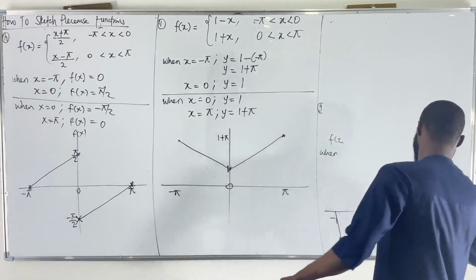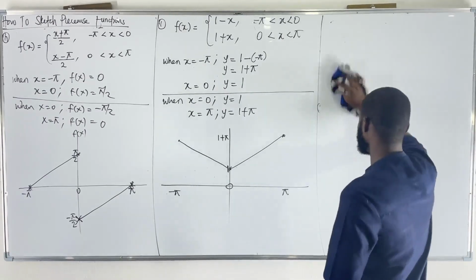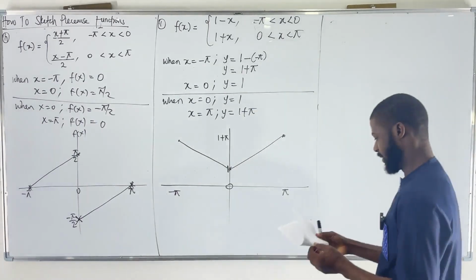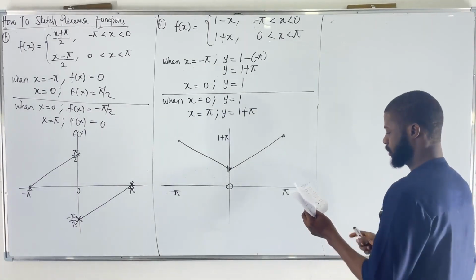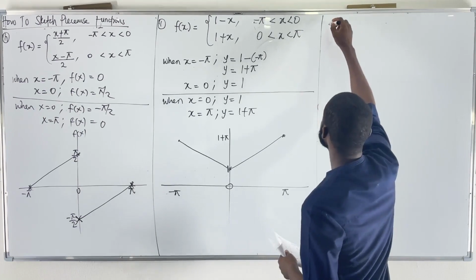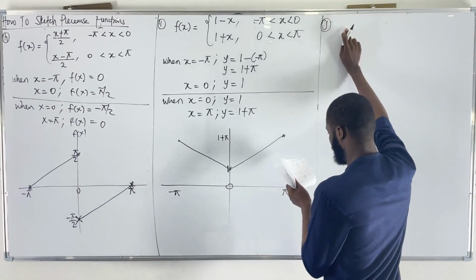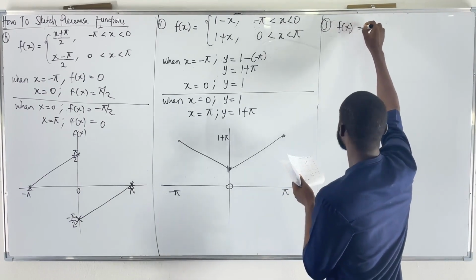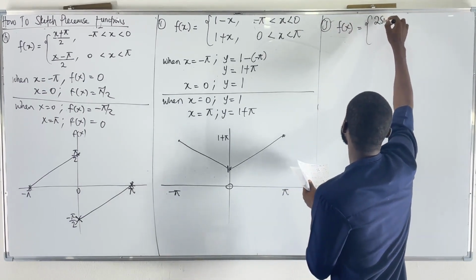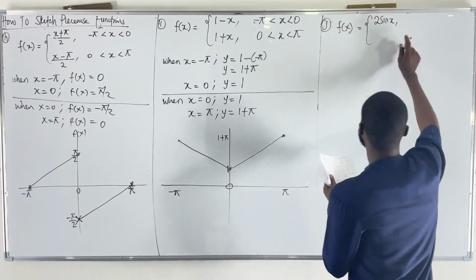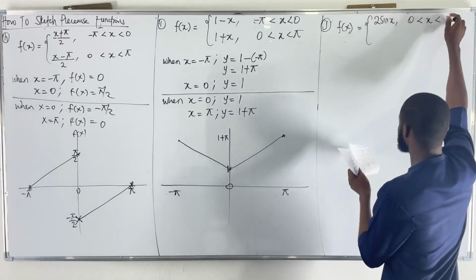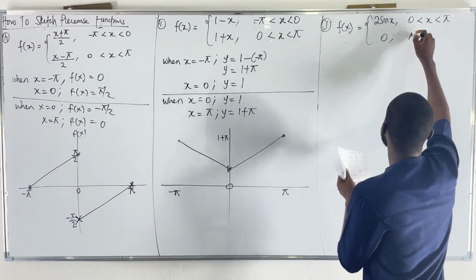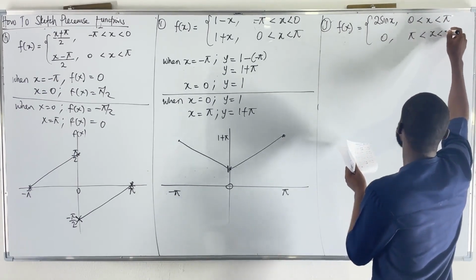Let us proceed. Okay, this is beautiful. So J says we have f of x equal to 2 sine x for 0 less than x less than pi, and then 0 for pi less than x less than 2 pi.